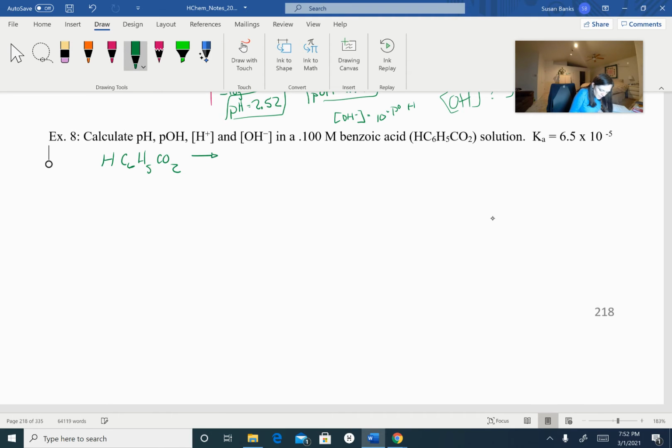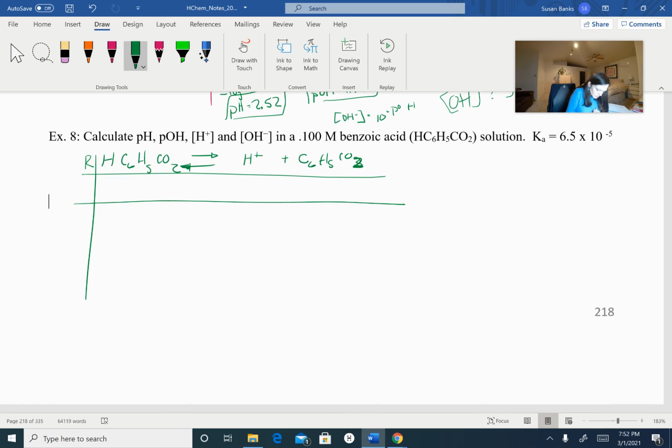That is going to go mostly backwards, but a little bit forwards, to our hydrogen ion, and then we will have benzoate. Or nope, that's a 2. Okay, so there is our R line.